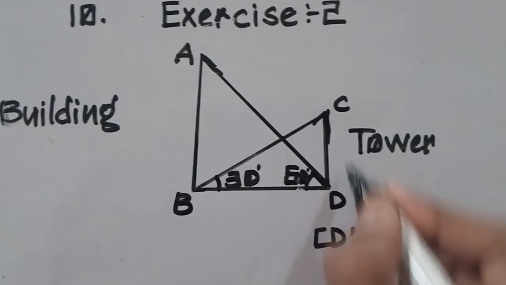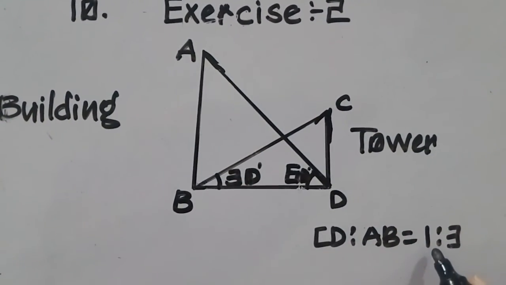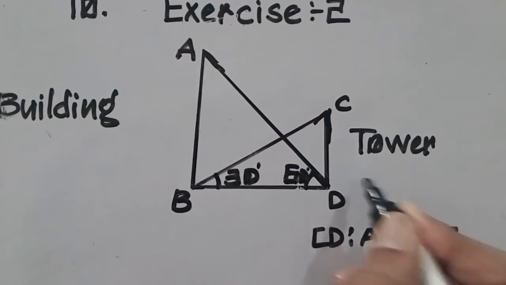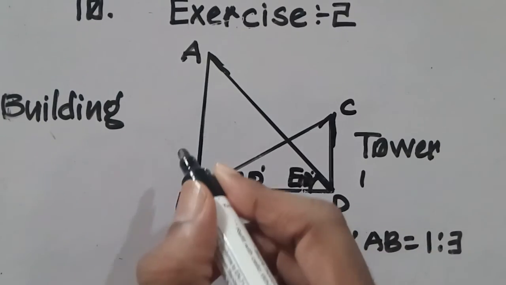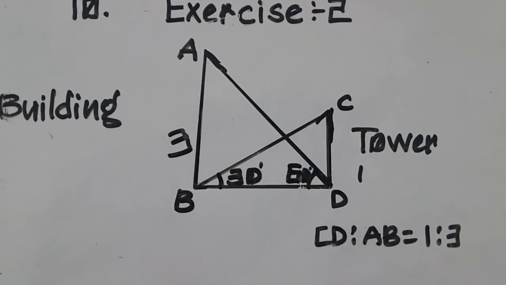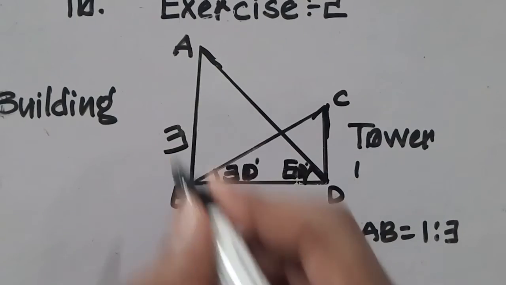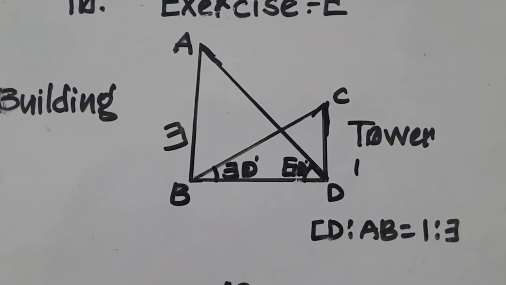See here, CD and AB is in the ratio 1 is to 3. Suppose CD is 1 time, then the building will be 3 times. This is the ratio of the tower and building. Hence we proved.